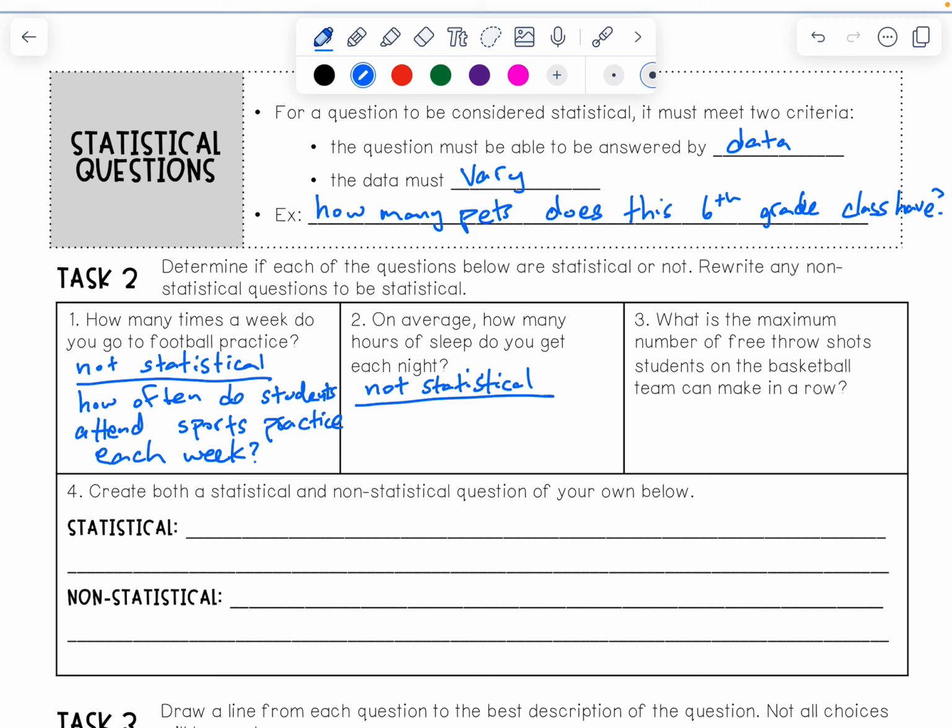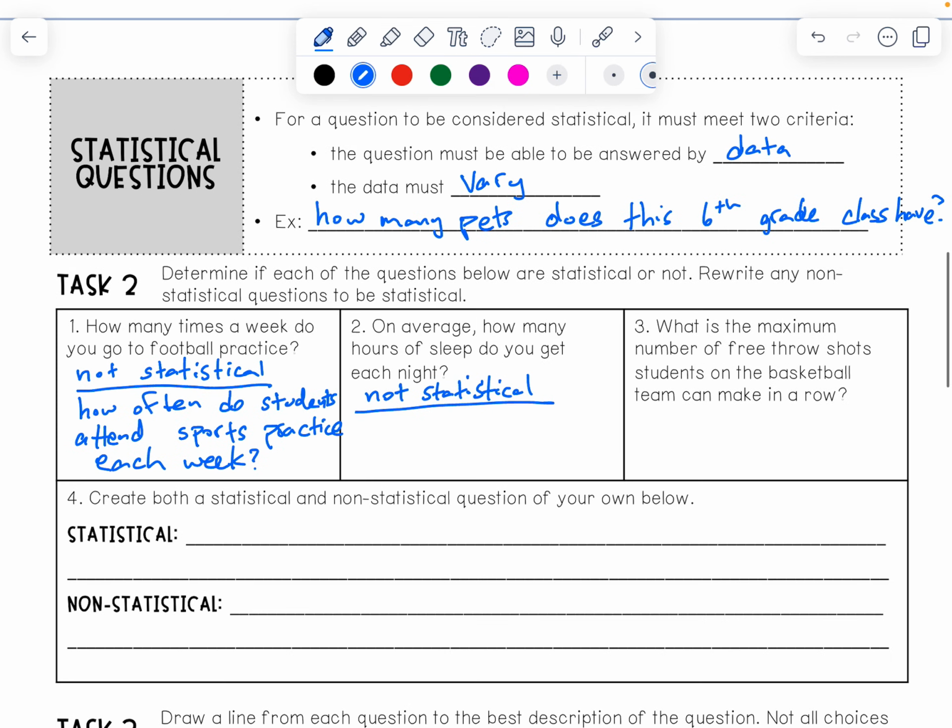Now, I might have different amounts of sleep each night, but I do have just one average. So how do I make this statistical? You broaden the question out. How many hours of sleep do students get each week?